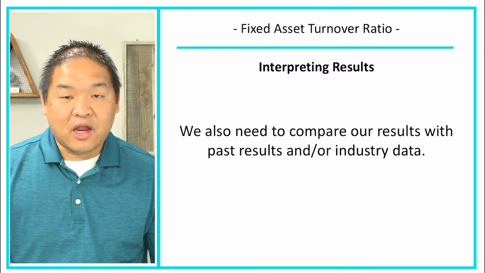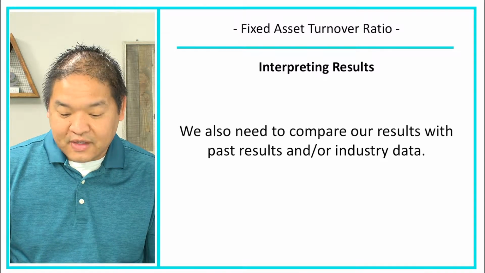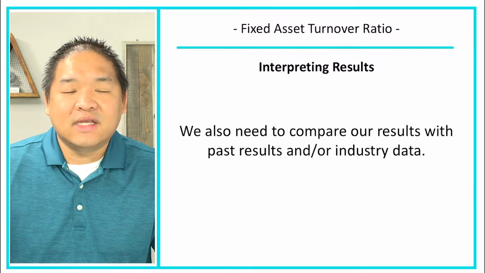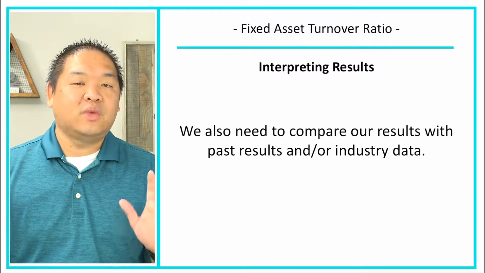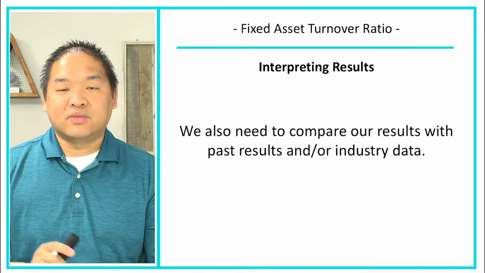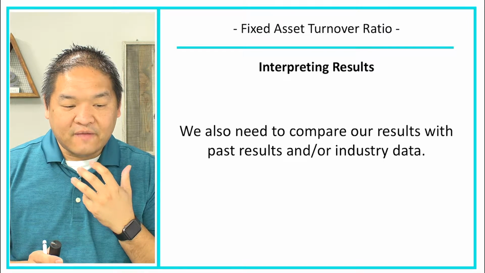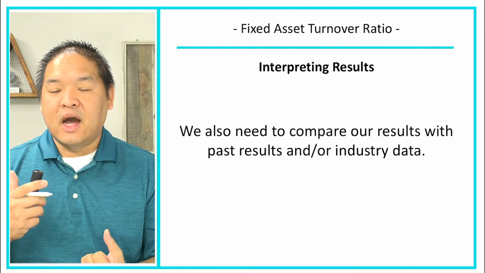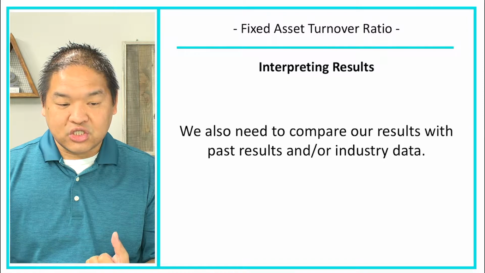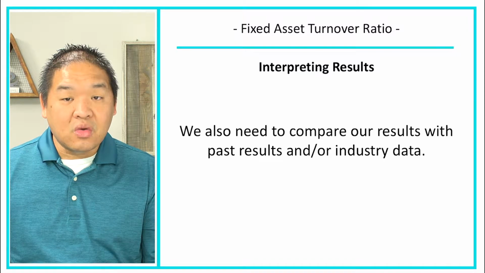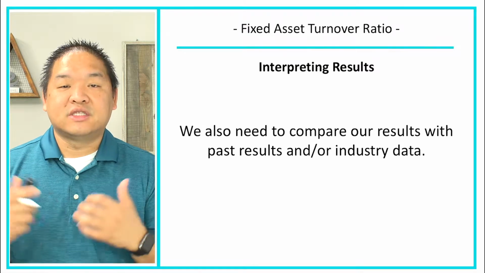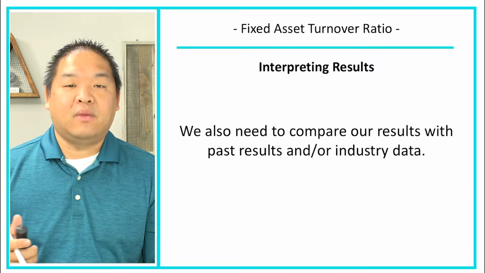We also need to compare our results to the industry. Once we've done that, we need to compare what the industry is doing to see if we are in line with everybody else, because we can't always compare ourselves with just anyone. For instance, we can't compare Facebook to, let's say, a grocery store, because a grocery store chain is going to have more assets because they have to have physical locations and shelving to display everything, whereas Facebook just has a website, right?